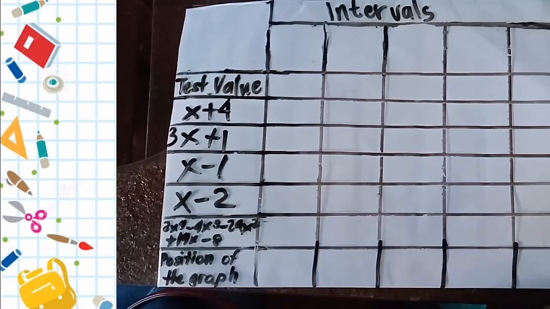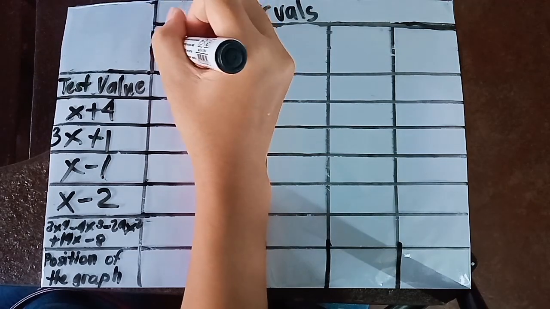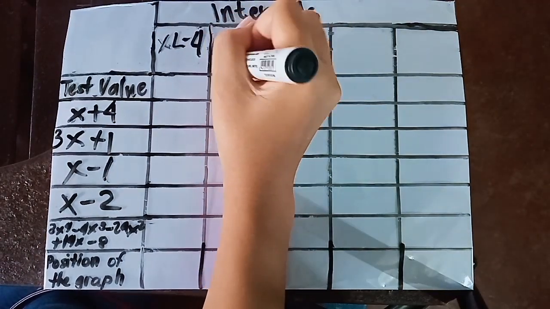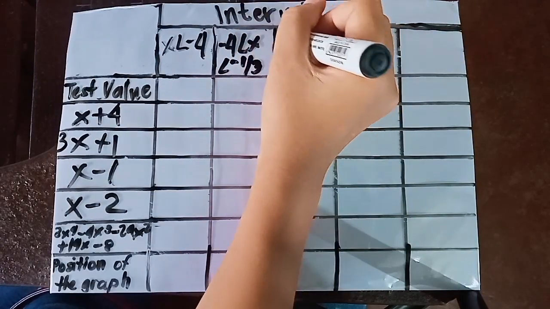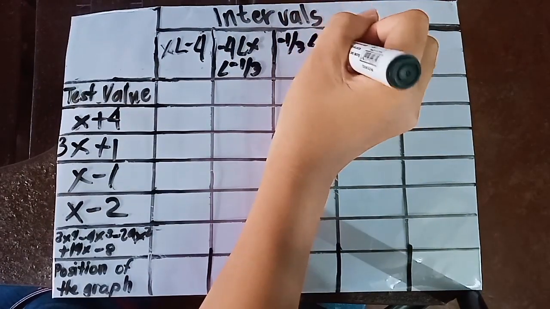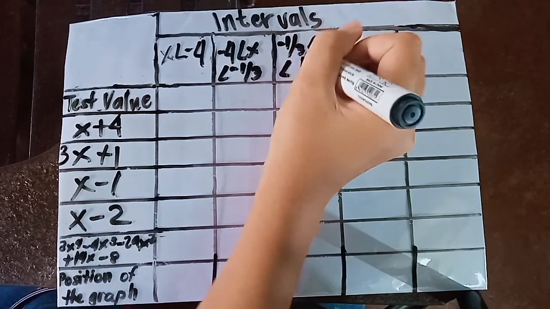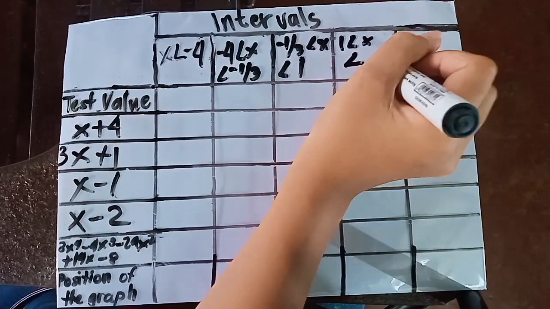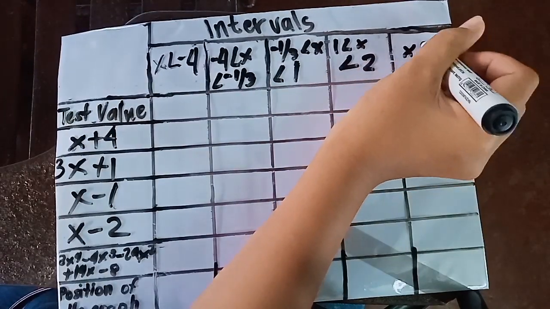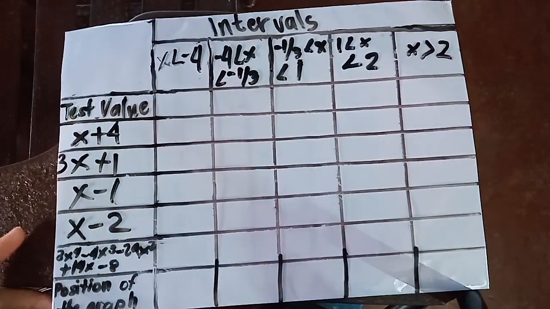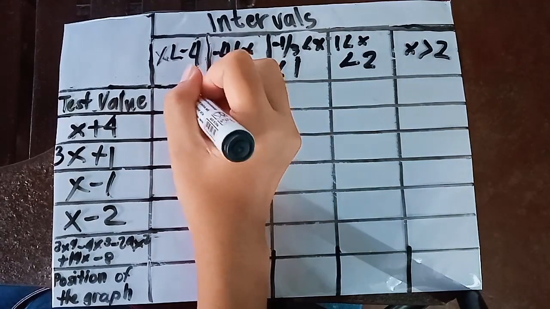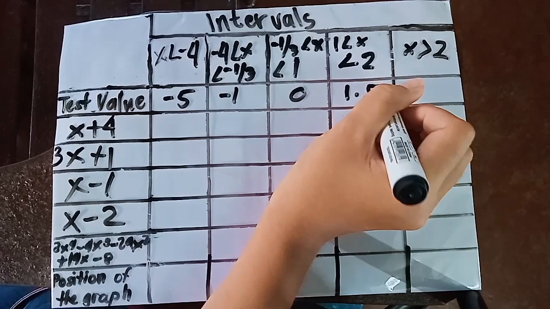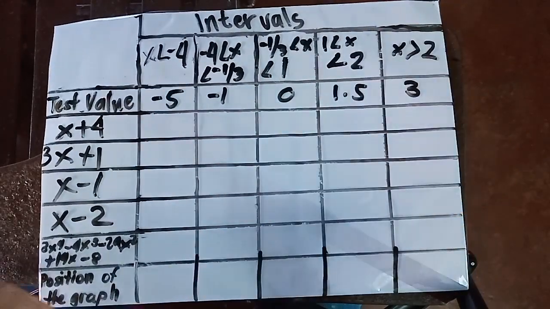Completing the table of signs. So x is less than negative 4, x is greater than negative 4 but less than negative 1/3, x is greater than negative 1/3 but less than 1, x is greater than 1 but less than 2, and x is greater than 2. So we can have the test values of negative 5, negative 1, 0, 1.5, and 3.